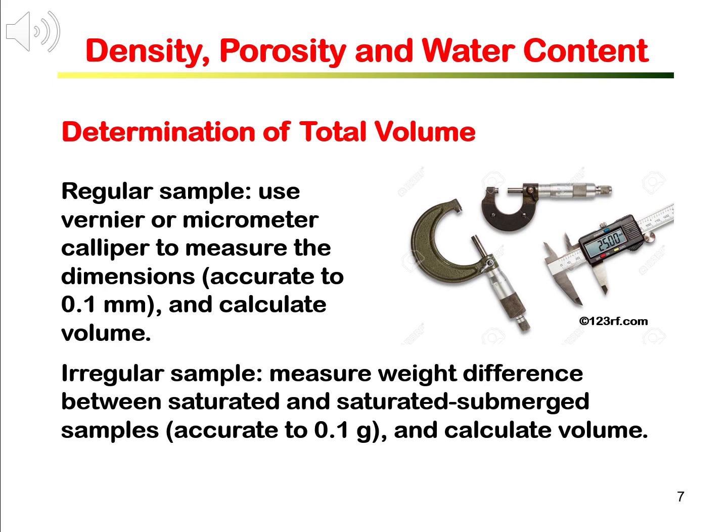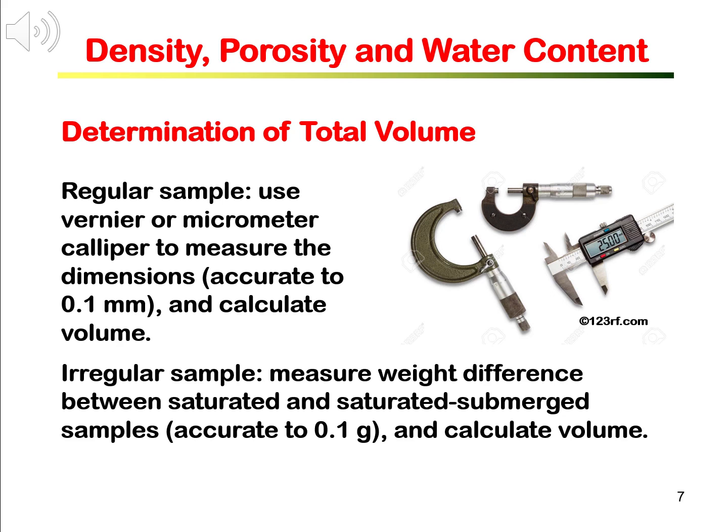For irregular shape, for example, a lump block, we can use Archimedes' buoyancy principle to measure the volume. This is done by measuring the weight of a saturated sample and the weight of the saturated sample when it is submerged in water.